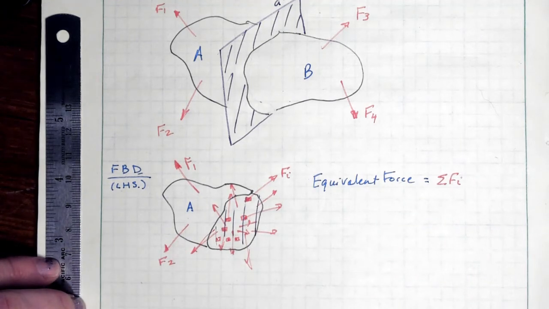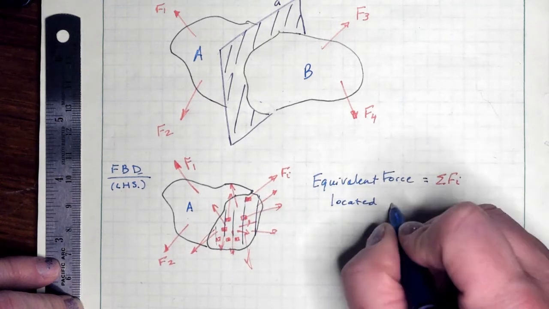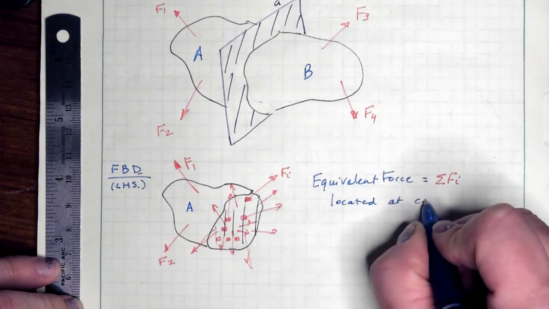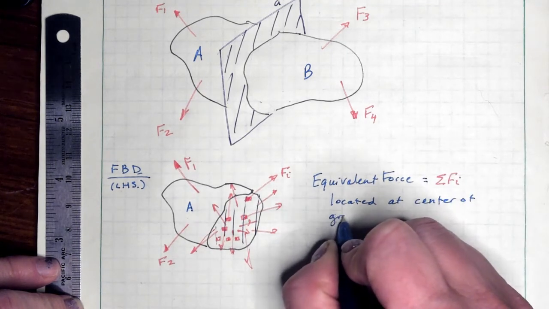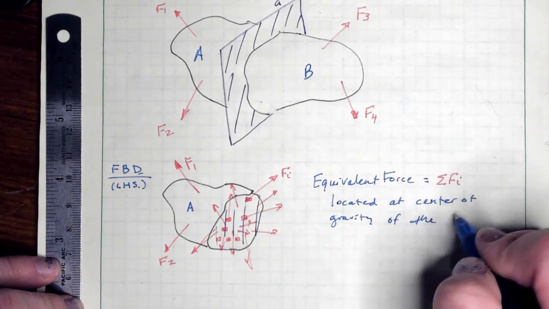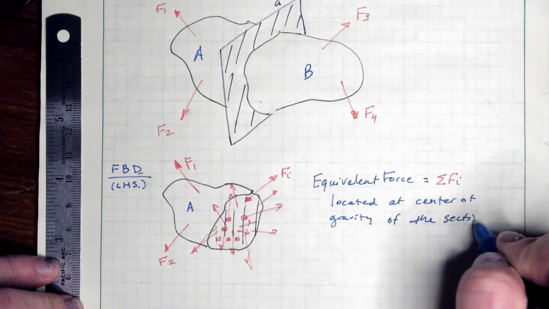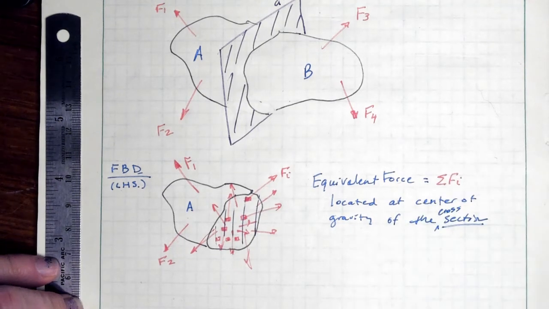And we know that they are located at the center of gravity of the section. The cross section. Okay.